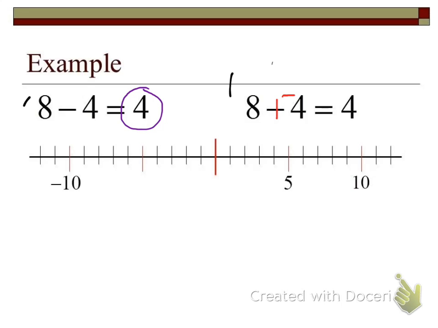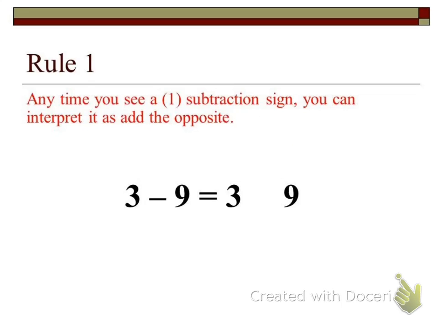Remember that we always start at 0, and I have a positive 8, so I need to go right 8. And then over here on the left it says minus 4, so I need to go left 4 units. And here on the right it tells me I need to add negative 4, which we've learned is the exact same thing as minus 4. So we need to go left 4 units, and that puts us at positive 4.